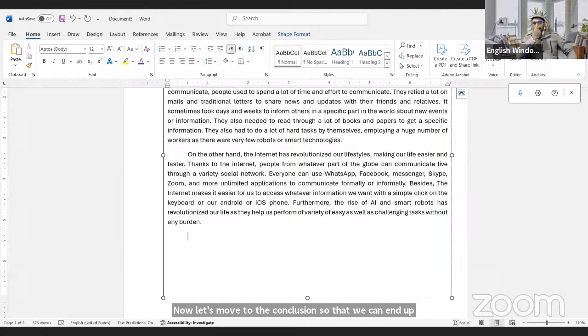Oh my gosh, guys. Now, all in all, we need a linking word for the conclusion. To conclude, in brief, in short, all in all, right? All in all, yes.